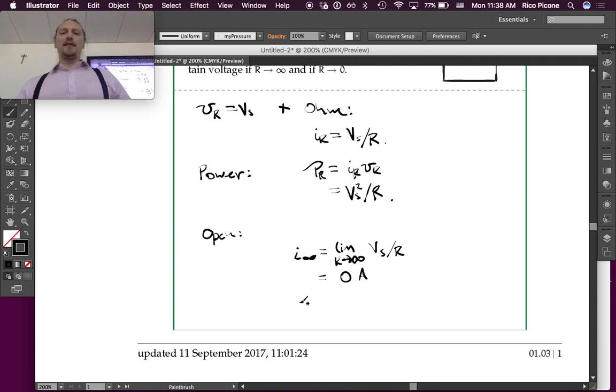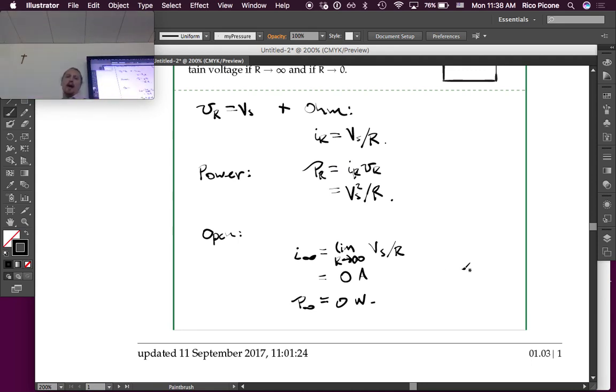So the power for an infinite resistance, how much power is it going to be dissipating? It's Vs squared over R, so you could take the limit, or you could just take the product of 0 and whatever Vs is, and that's going to be 0, right? So 0 watts.